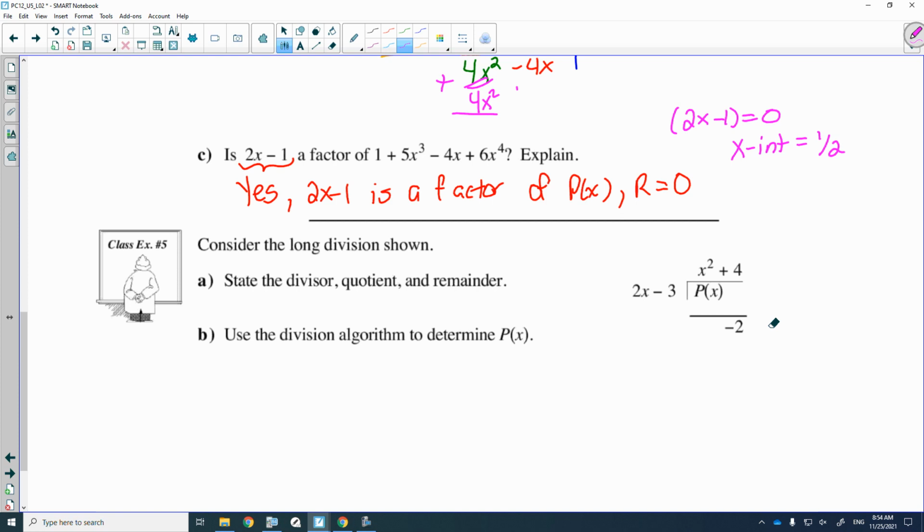Let's look at the last question. Class example number 5. Consider the long division shown. State the divisor, quotient, and remainder. So see if you could just look at this long division, write the divisor, the quotient, and the remainder.